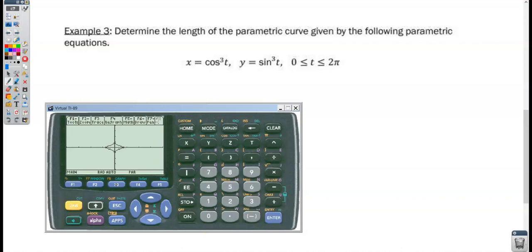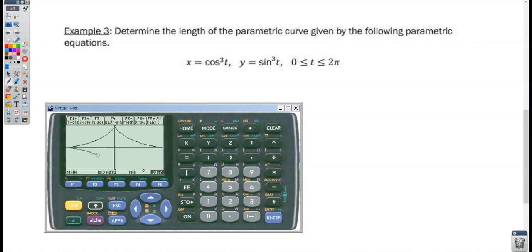Not too bad. We get a decent view of the curve here, but I'm going to move in on this a little bit more. Go ahead and go from -1 to 1 in both directions. See what this graph looks like. There we go.